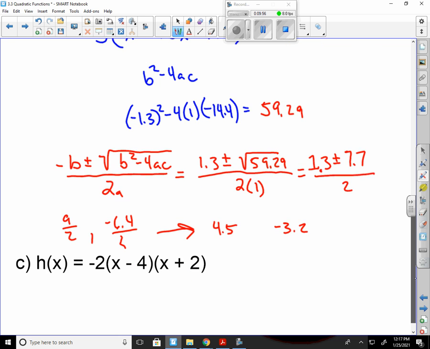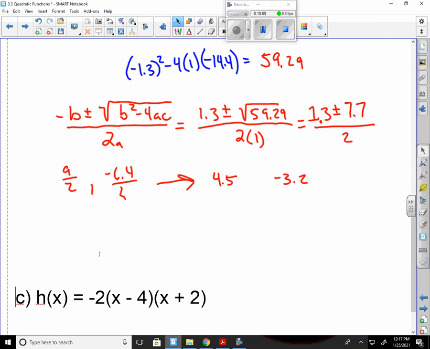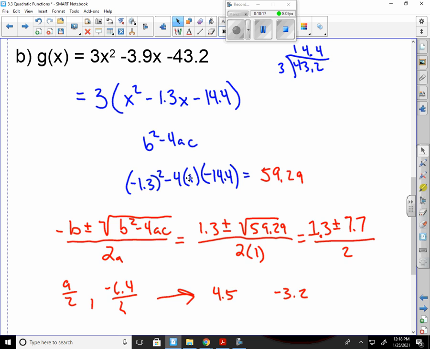So now I have to plug those back into the x-intercept form. If I go all the way back up to the top where we started, it was 3 times all of this.